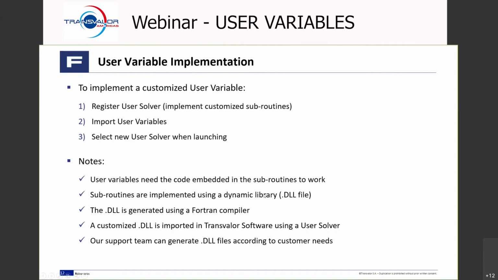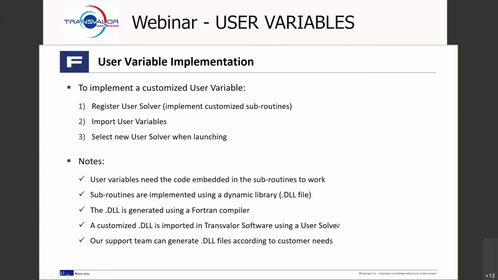This dynamic library, or DLL file, is generated using a Fortran compiler. We will require Fortran coding knowledge and a Fortran compiler to generate the DLL. Once we have the DLL with the code created for the user variable, we will import all this information in Transvalor software, in Forge, Faircast, Coldform, using a user solver.